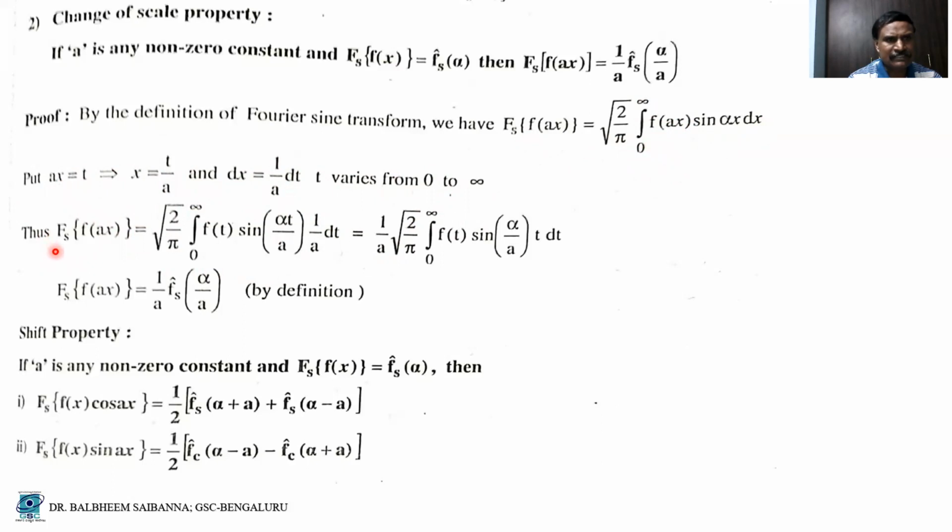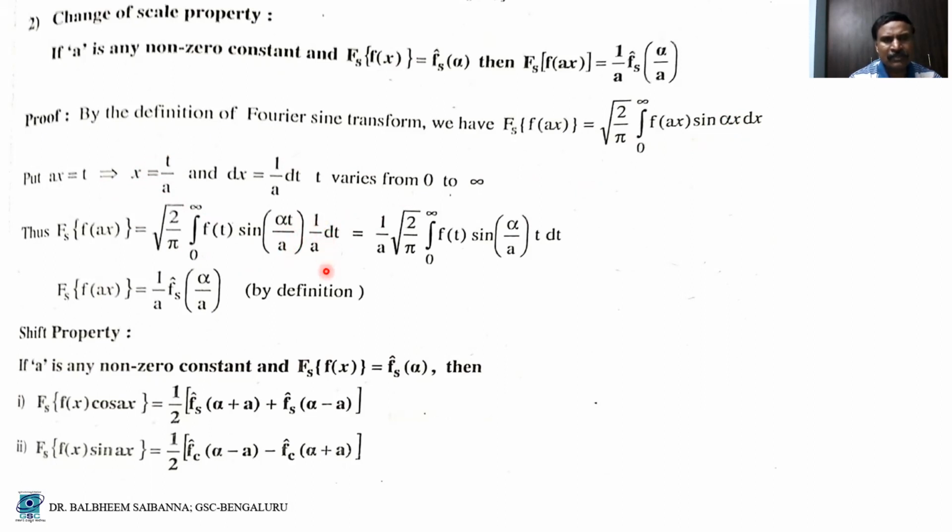Thus, Fs of f of ax is equal to root of 2 by pi integral 0 to infinity. We are substituting ax equals t here, so we get f of t, sin as it is. Alpha means here again x, you write t by a. That is sin of alpha t by a.